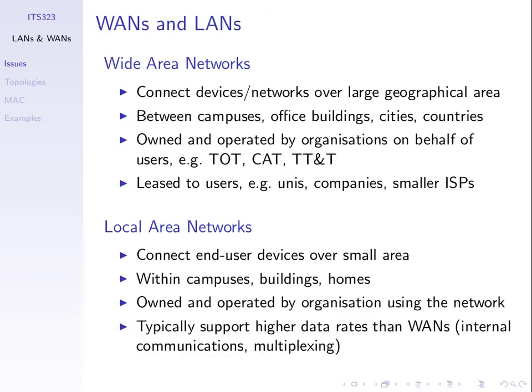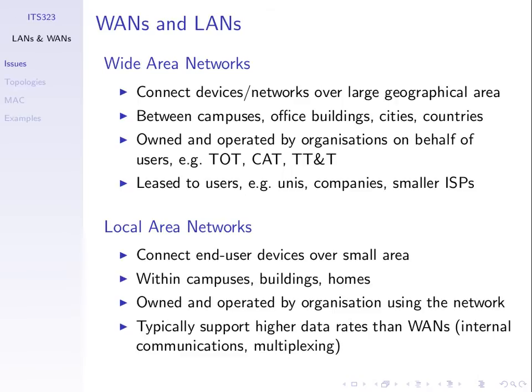With LANs, usually they're owned and operated by the organisation using the network. So the wired LAN inside our campus here is made up of cables and different LAN switches. That network is owned and operated by SIT. SIT built it and paid for all the equipment. It's inside the walls and the different rooms.